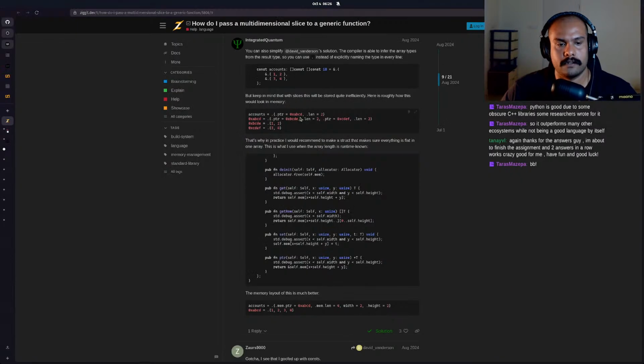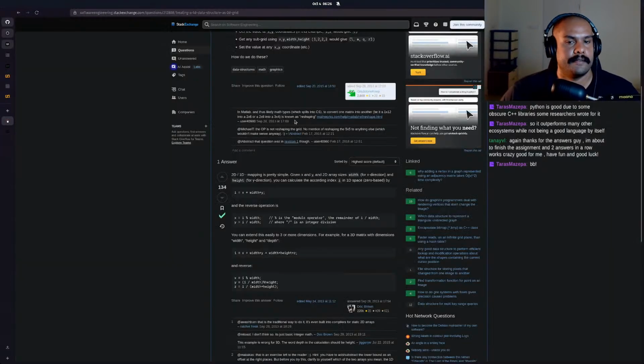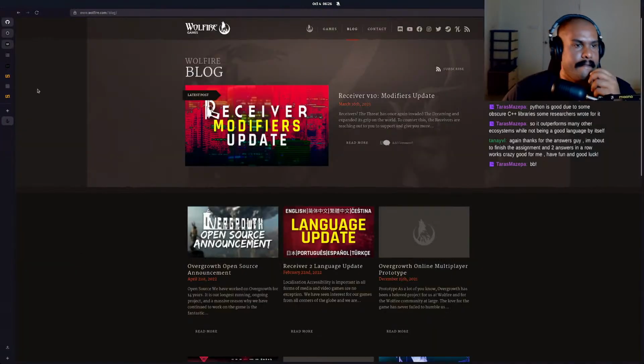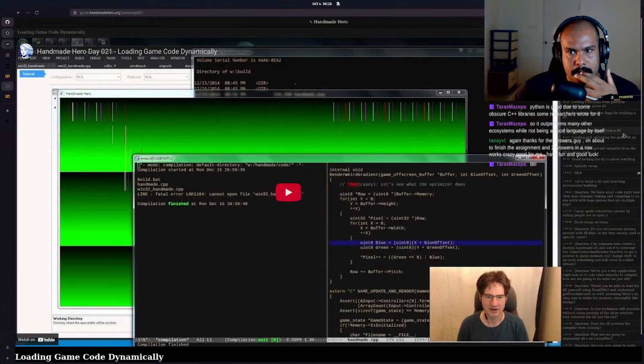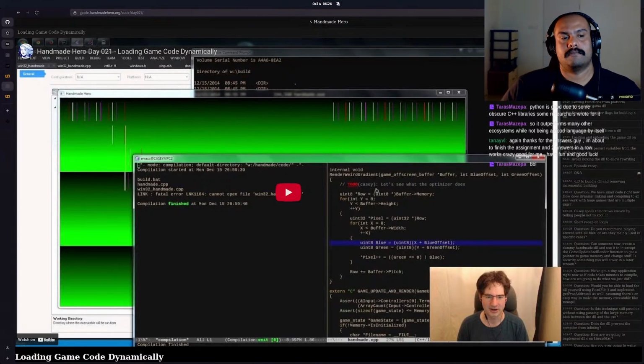Okay, I think I'm gonna call it a day there. Because I think to print vertical lines like this, not sure how to do it yet.